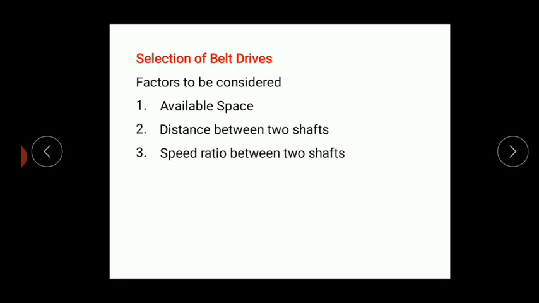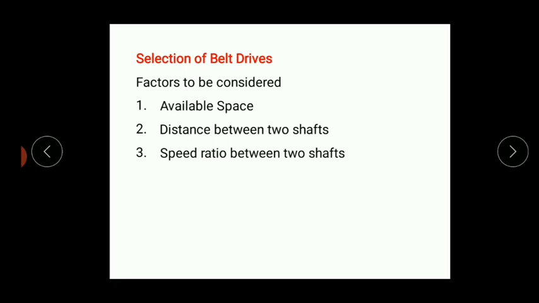As we had discussed earlier, the speed ratio between the two shafts is important, that is, the speed at which the driven shaft has to be run and how much speed is available at the input shaft, the driving shaft, or how many rpm the driving motor is running.